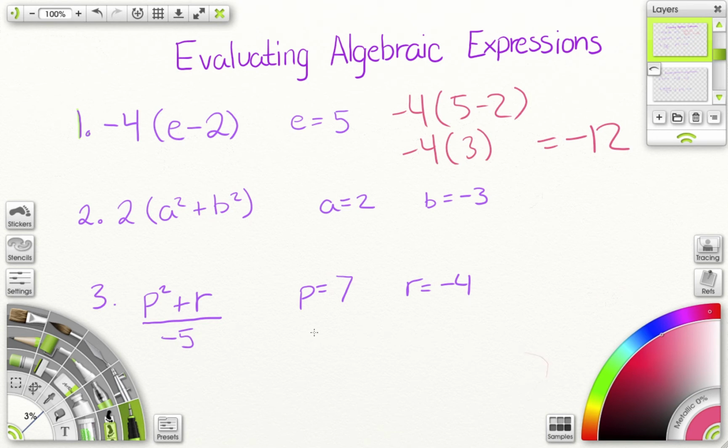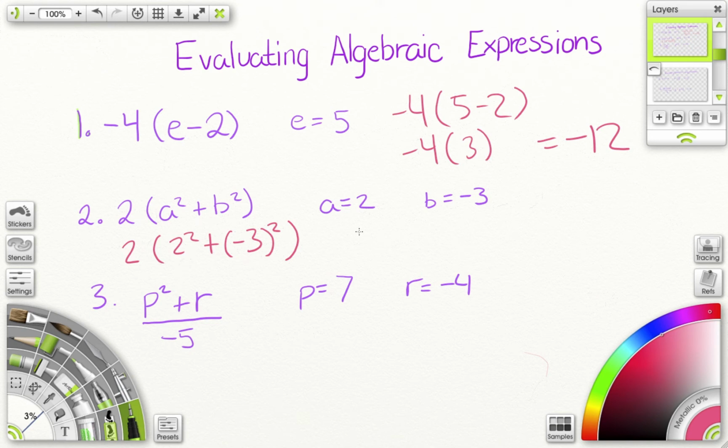So that's number one. Number two is 2, and then in brackets we have a squared plus b squared. A is equal to 2 and b is equal to -3. First things first is I'm going to plug in my numbers. So I have 2, and then a is 2 squared plus b, which is -3. I'm just going to put it in a bracket because it's a little easier to see, squared, and then I have a bracket around it. Next thing I have to do is my exponents.